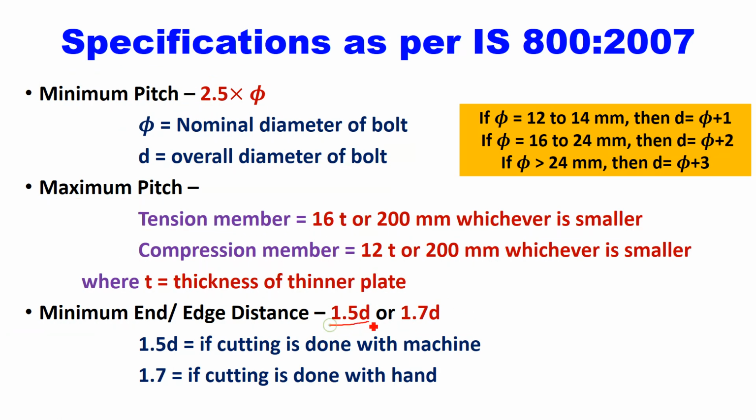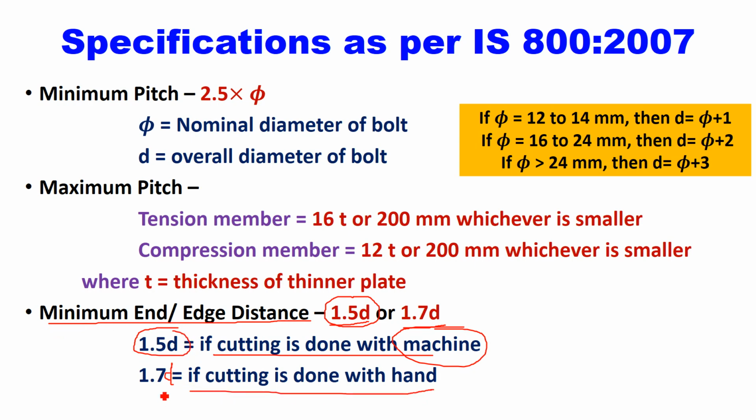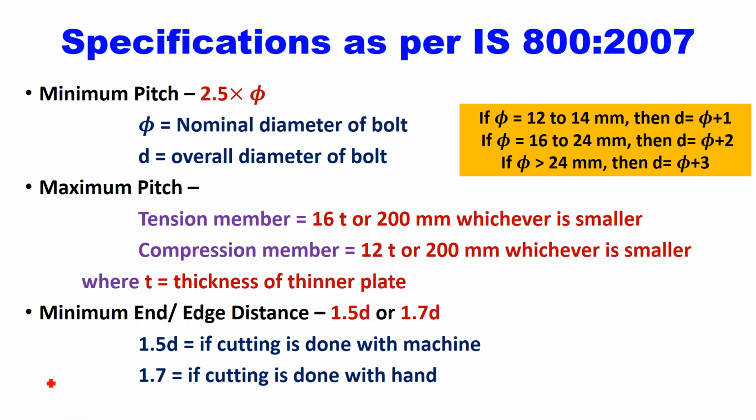But why is it 1.5D or 1.7D? 1.5D is taken when the cutting is done with the help of a machine, and 1.7D if the cutting is done by hand, manually by a human being. When cutting is done by machine, you can take the minimum value of end distance or edge distance as 1.5D, and if cutting is done by hand, then you can take the minimum value of these distances as 1.7D.